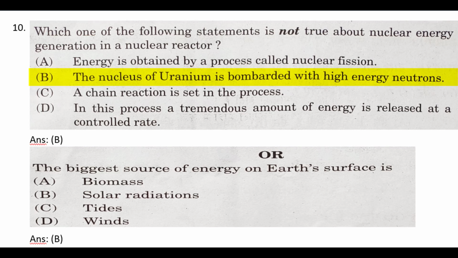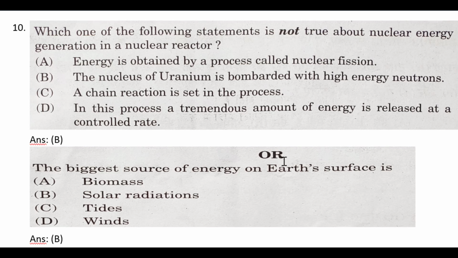Therefore, option B is the right answer, because here it is given that the nucleus of uranium is bombarded with high energy neutrons, but high energy neutron is the wrong option. Here low energy neutrons are bombarded. Therefore B is the right answer.